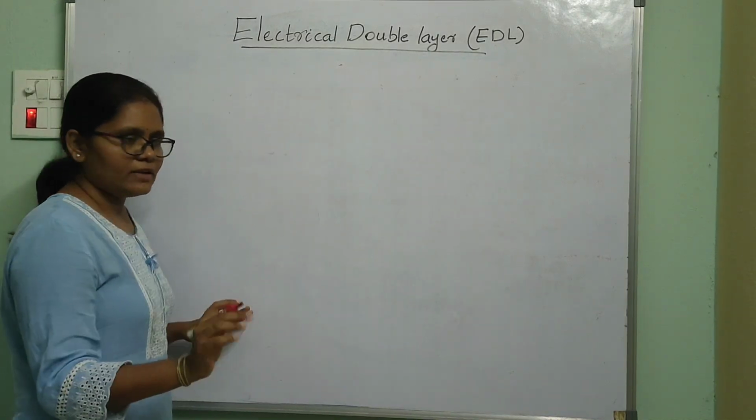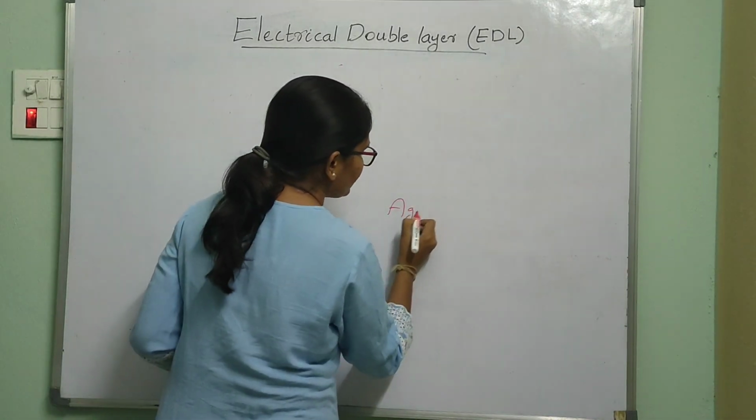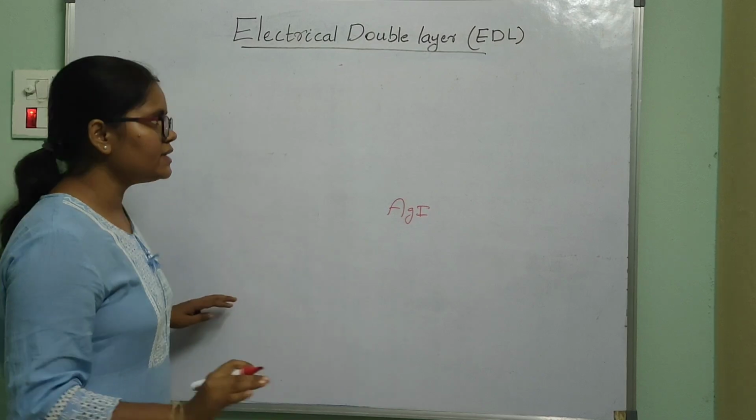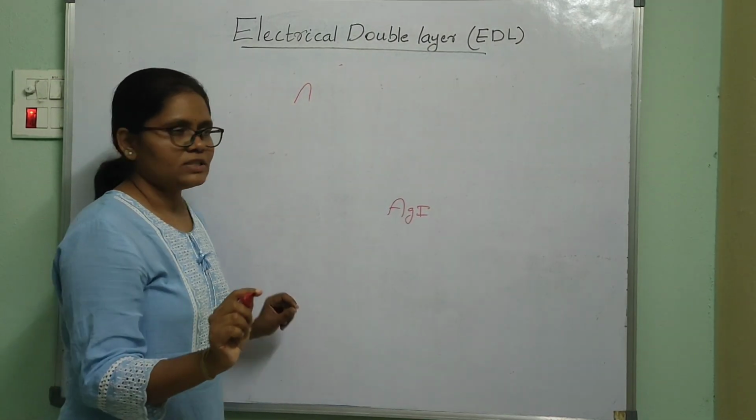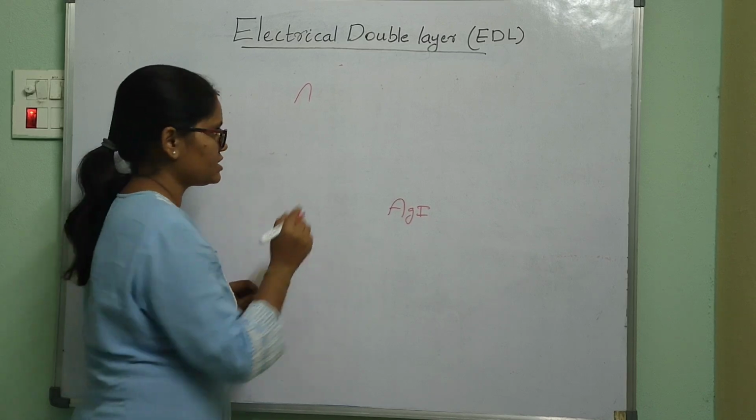Okay. Now our aim is to prepare silver iodide colloidal solution, right? So let us use one chemical method, that is the double decomposition reaction.